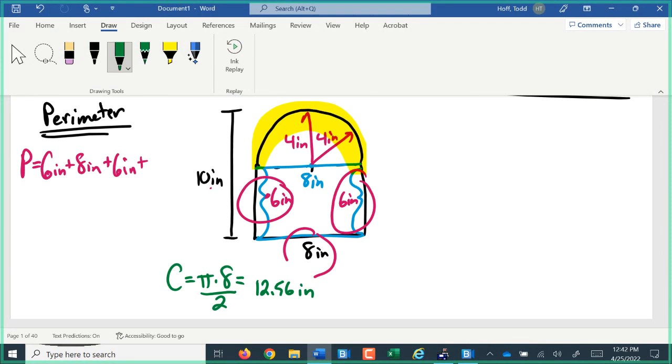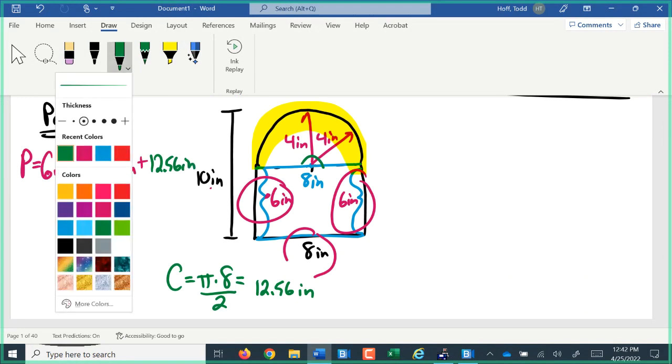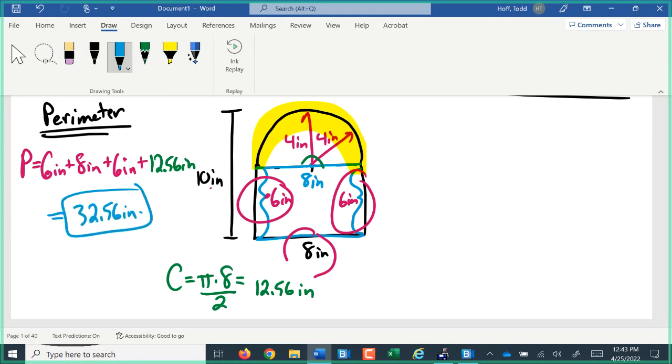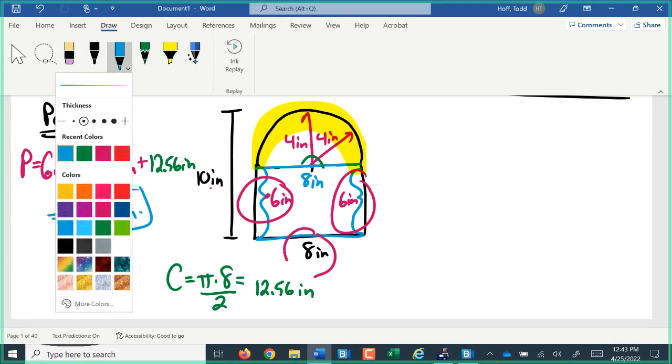You could have also done pi times 8 and then times 180 over 360, since that's a 180-degree angle, if you wanted to do it that way. So we got the 12.56 inches here. Add that all up, we get a perimeter of 32.56 inches.